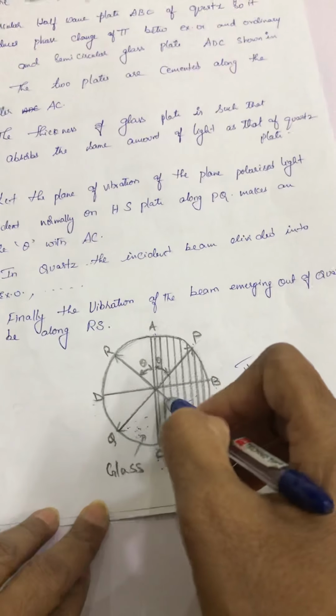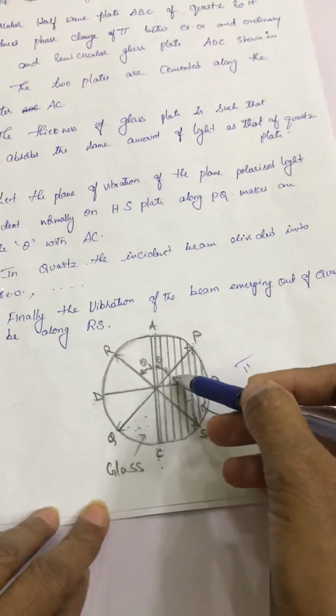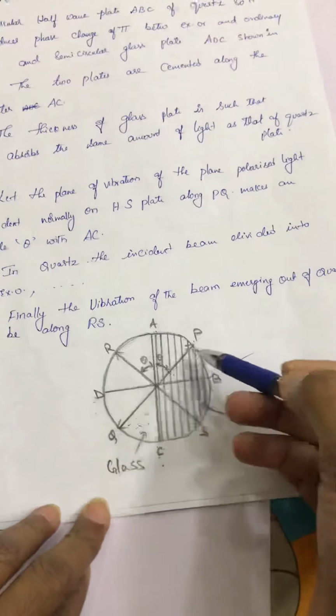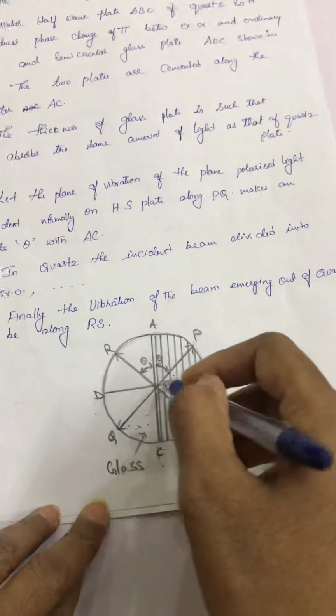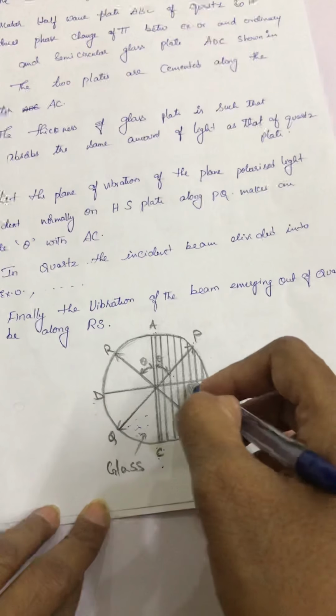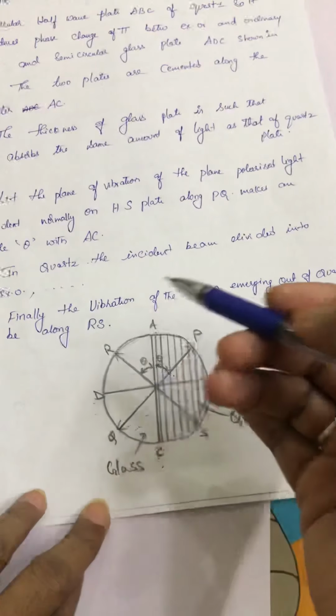But in quartz, what happens? Whenever the incident beam falls on quartz, it is divided into ordinary and extraordinary beams. But they travel in the same path with different speeds, means with different velocities.